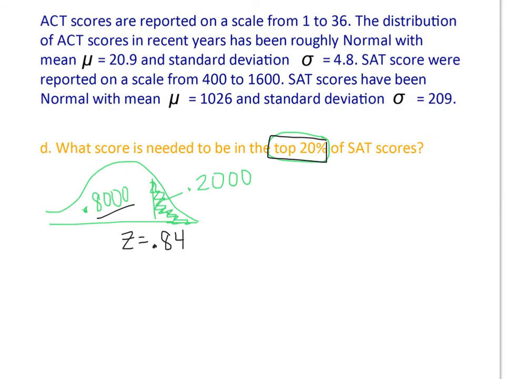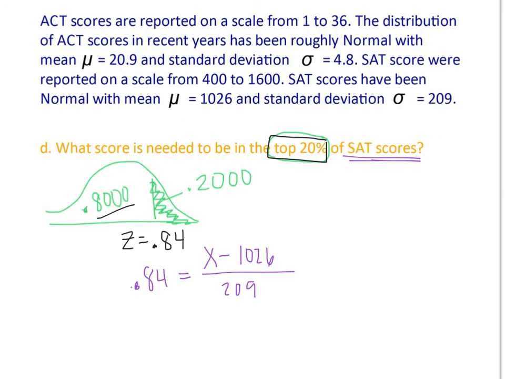When I do the work to find the actual SAT score, I do 0.84 equals x minus 1026 over 209. We're getting really confident with this.